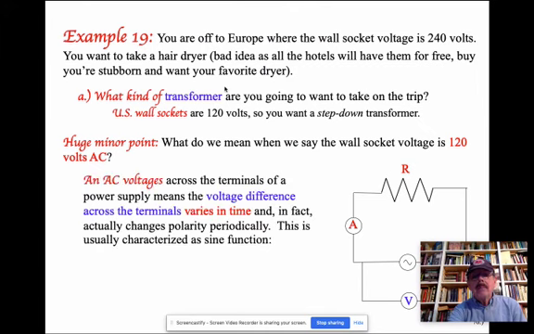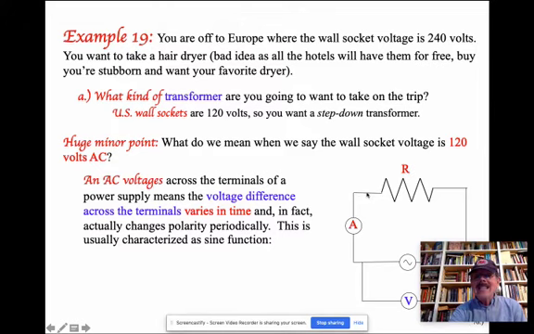So the deal is this. AC, because the power supply has its voltage flipping back and forth, it means the charge carriers are feeling an electric field that is making them go in one direction and then the other, and then the one direction and then the other. Technically, in a DC setting, current is defined as the amount of charge that passes by a particular point per unit time.